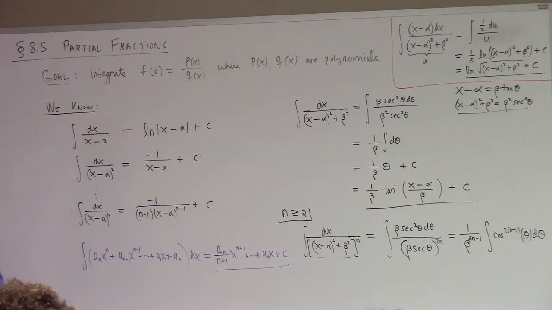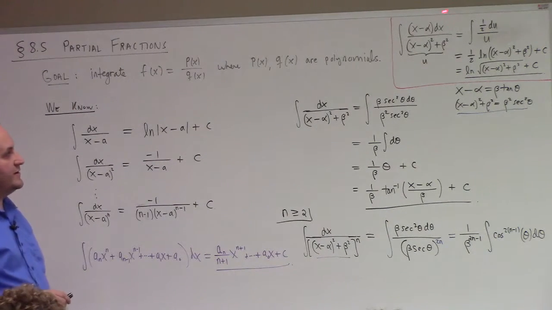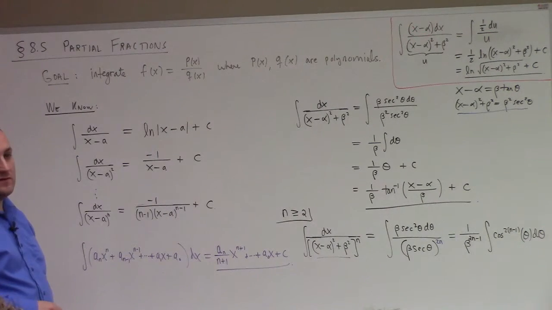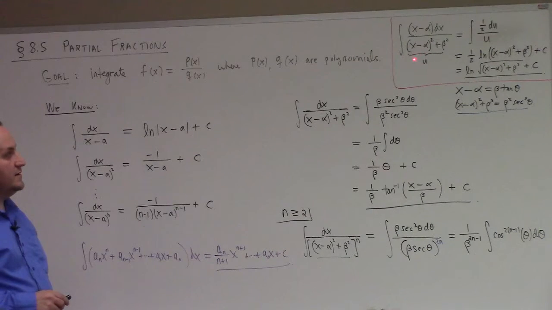Oh, by the way, if we had a similar integral where we had x minus alpha upstairs, we could also do this kind of integral, right? If I have x minus alpha divided by an irreducible quadratic like so, we can also do this kind of integral by a u equals x minus alpha squared plus beta squared substitution, right?